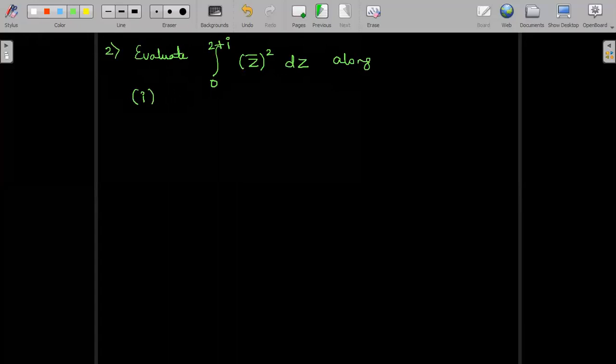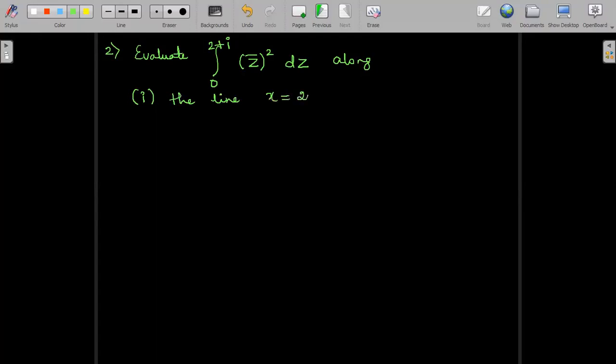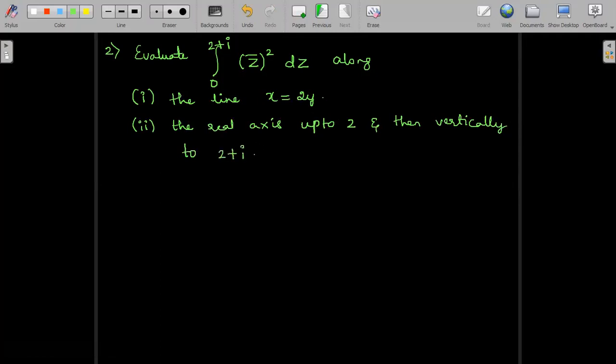In the first case, we have to discuss along the line x is equal to 2y, and in the second case we need to discuss along the real axis up to 2 and then vertically up to 2 plus i.